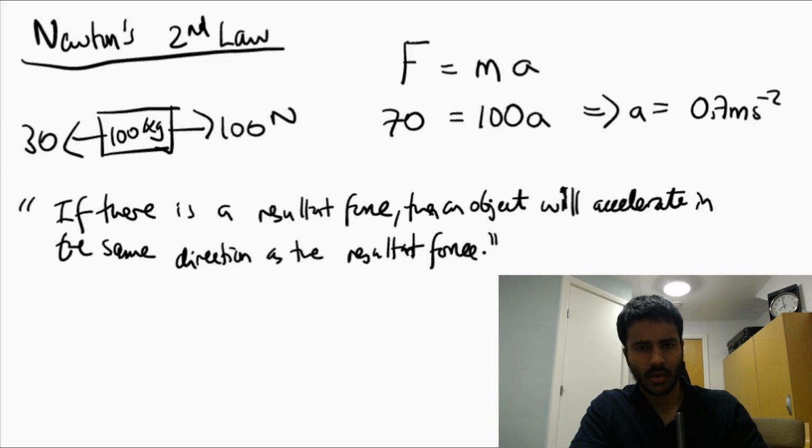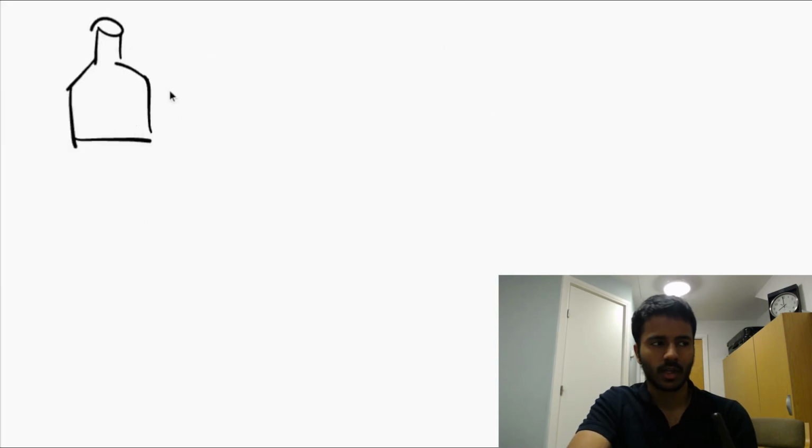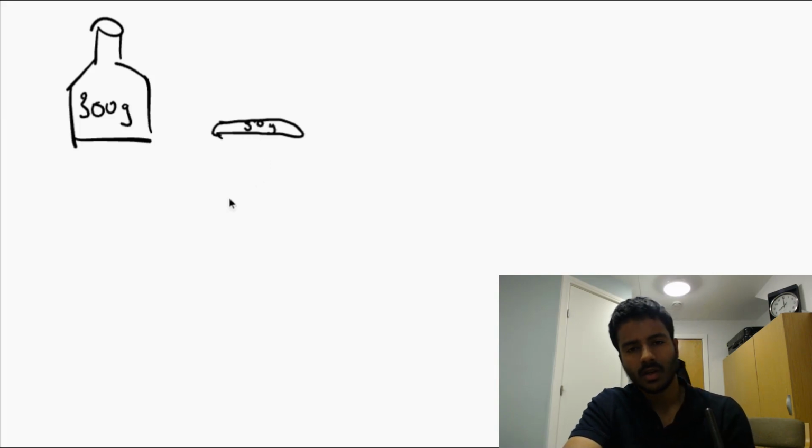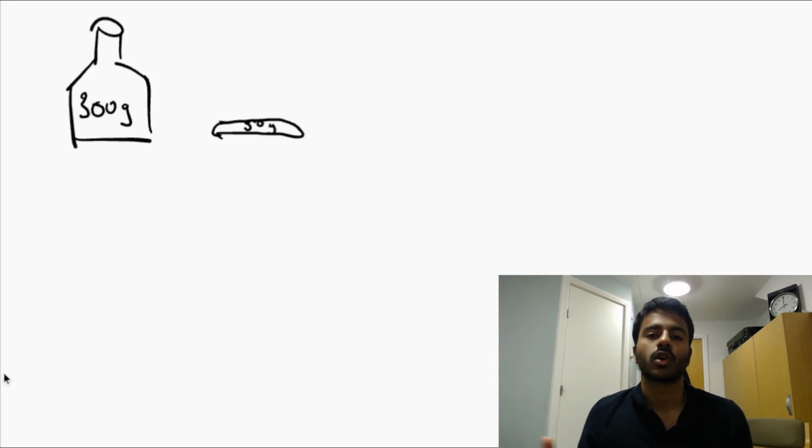So let's look at what that meant with our experiment at the beginning. You had a metal water bottle, let's say it was maybe 300 grams. Let's say we had a pencil which I dropped at the same height, and that was, let's say, 50 grams. Now in an ideal case, which is going to be a lot of what your questions in your papers are going to be based on, we're going to ignore air resistance. So the resultant force acting on each of these is just their weight.